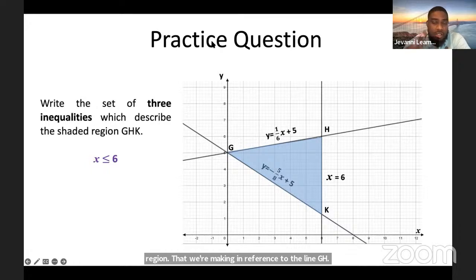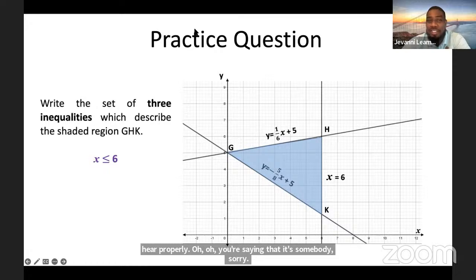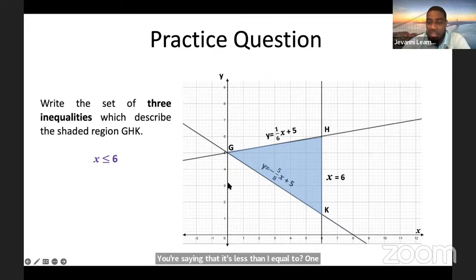Repeat that one. Can't hear properly. Oh, you're saying that it's less than or equal to? One person is saying that. Anyone else?